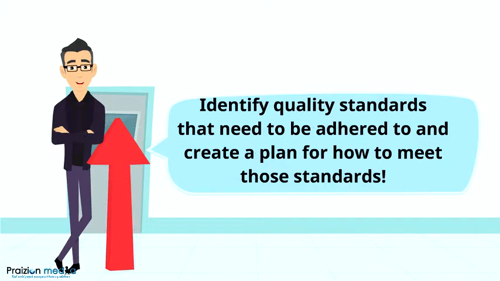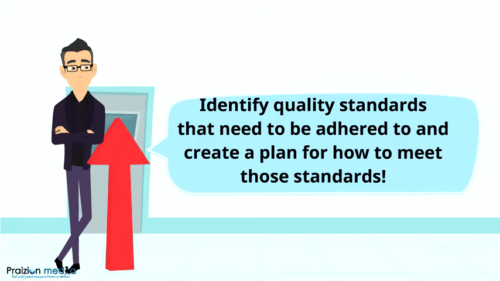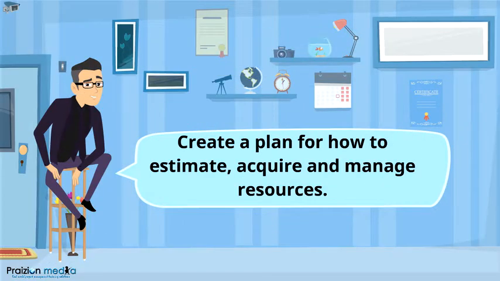The next process is plan quality management. In this process, we obtain a quality management plan that defines the quality standards that need to be adhered to on the project, and also a plan of action for meeting those quality standards or targets. The next process takes us to a new knowledge area, resource management.